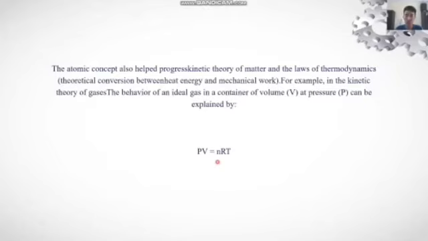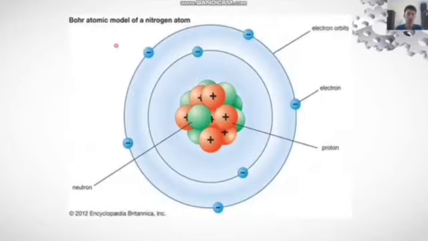For example, in the kinetic theory of gases, the behavior of an ideal gas in a container of volume V at pressure P can be explained by PV equals nRT, where n is the number of atoms in the container, R is the universal ideal gas constant, and T is the temperature. This picture is the Bohr atomic model of nitrogen atoms.